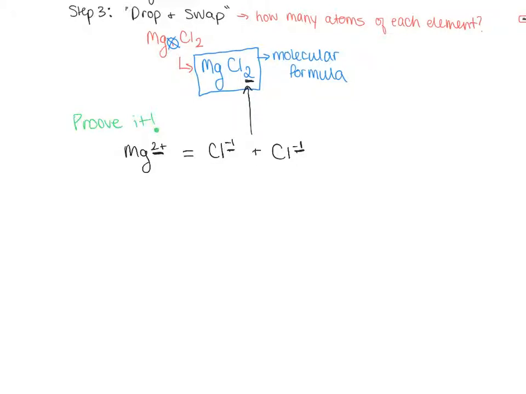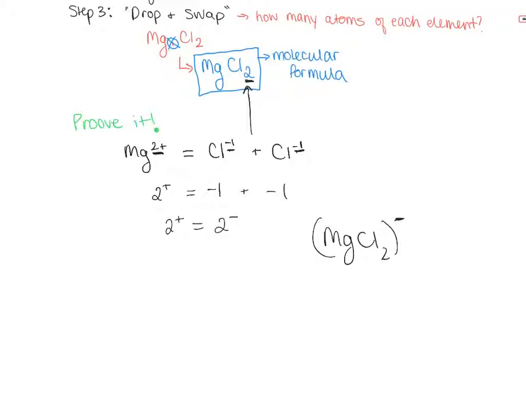So this side has 2 positive charges, this side has -1 and a -1, which equals a -2. So we know for sure that an ionic compound has to have equal charges. It's neutral. This MgCl2 doesn't have a charge up here.